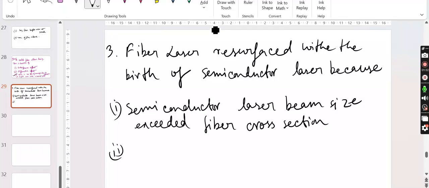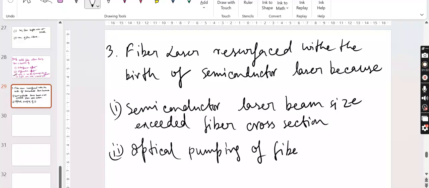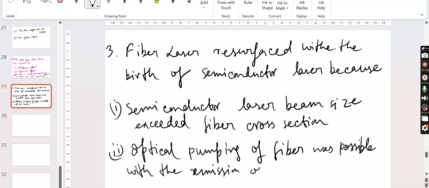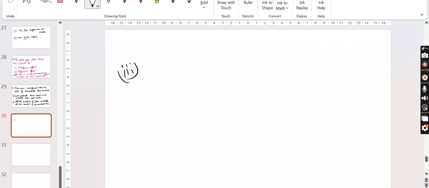Second, optical pumping of fiber was possible with the emission of semiconductor laser. Third, both side and end pumping possible.